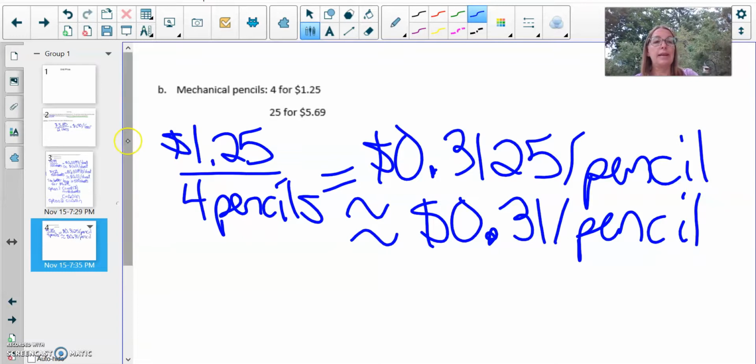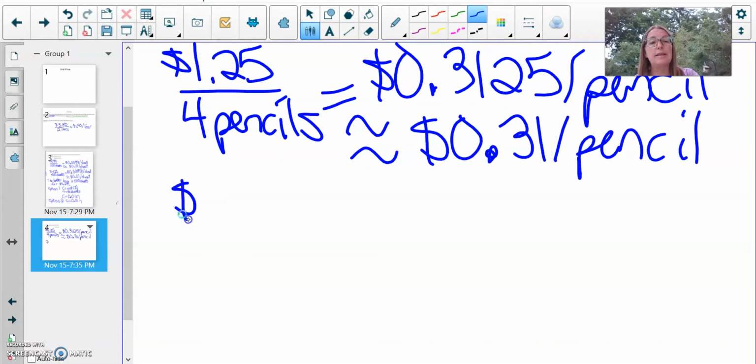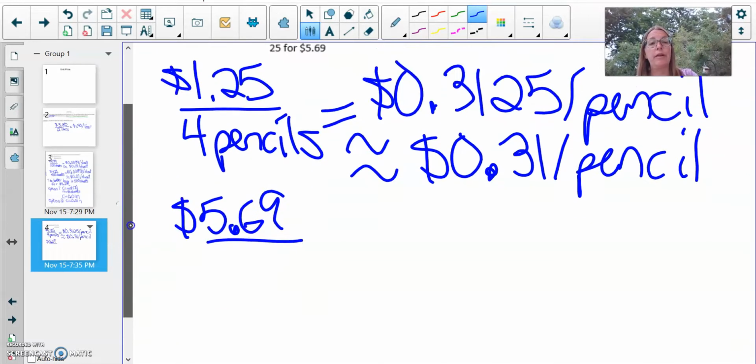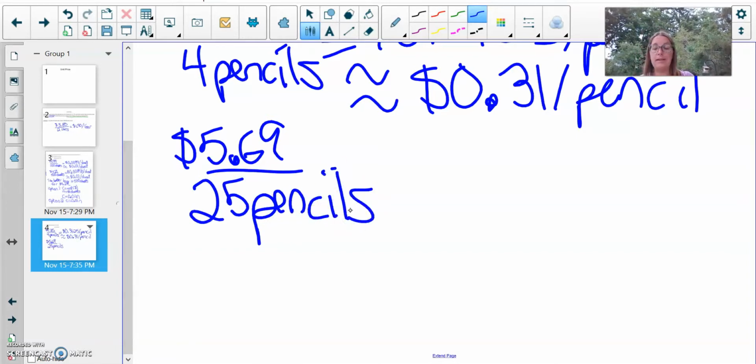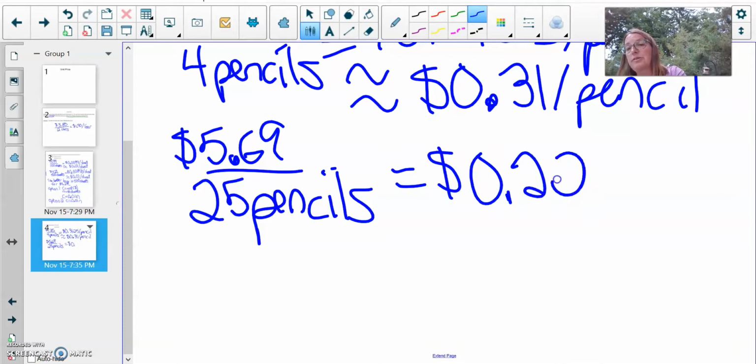Looking at our second option, $5.69 for 25 pencils. Finding that unit price. Again, before rounding, 0.2276 dollars per pencil.